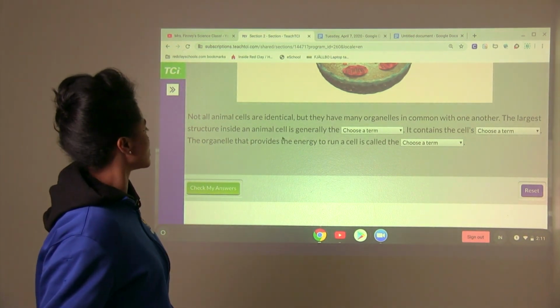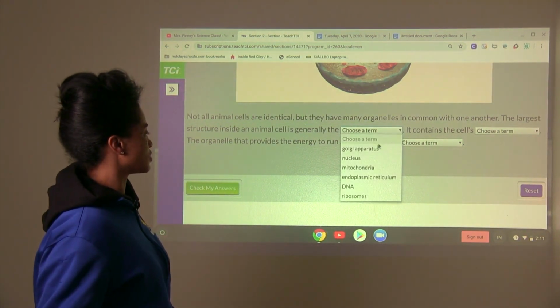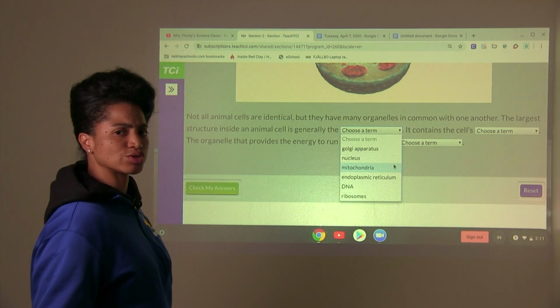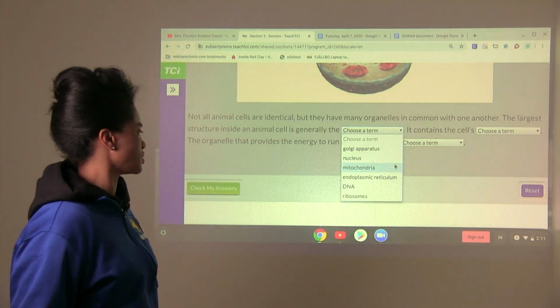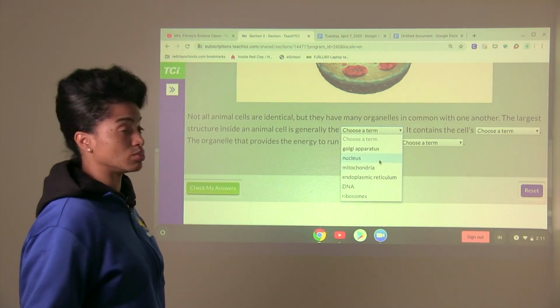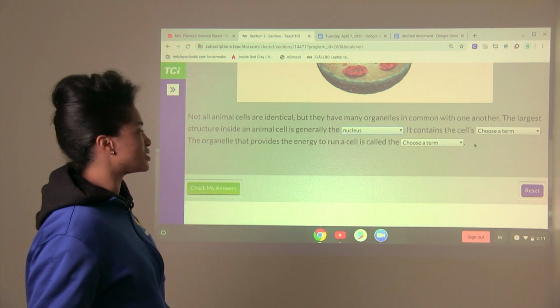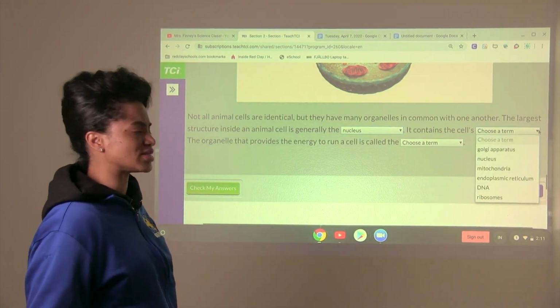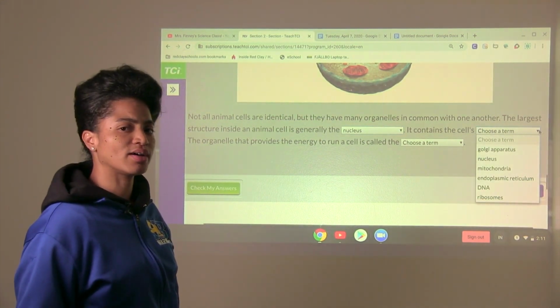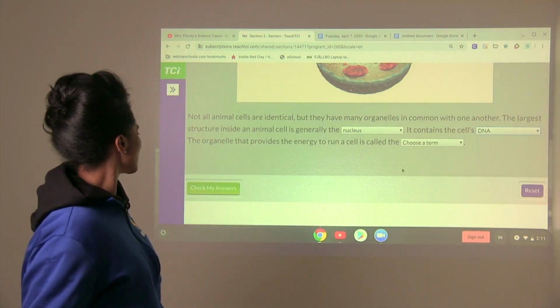The largest structure inside an animal cell is generally the... What do you want to pick? Based off of what you saw, which one do you think is the largest? You want to go with nucleus? Okay. It contains the cell's what? What's inside of the nucleus? Yes, you are so smart. Stores the DNA.